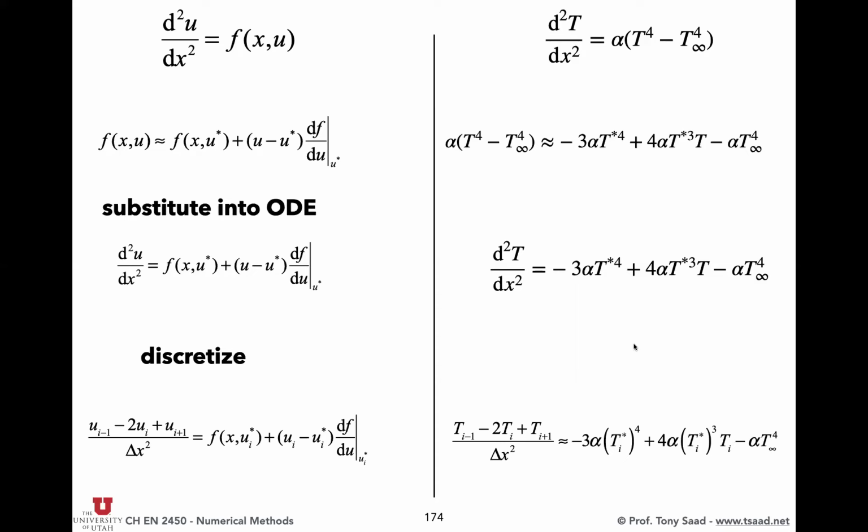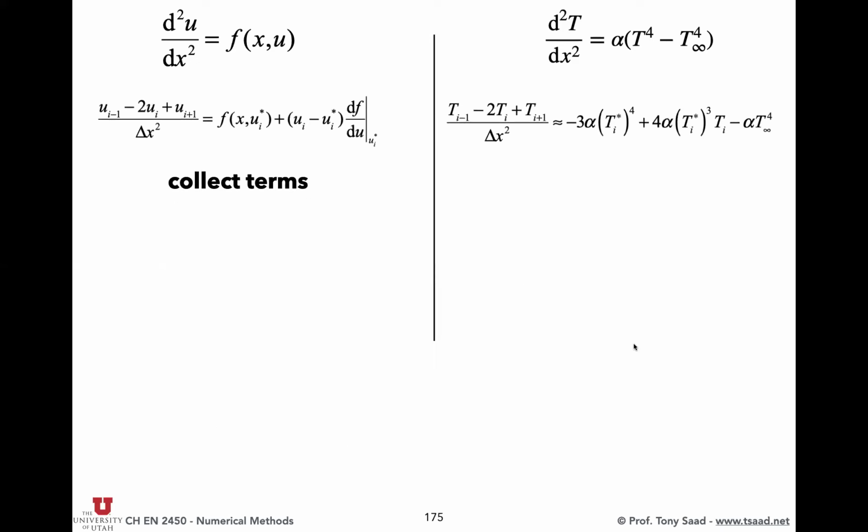Think of t star as the guess for the root of the nonlinear equation at point i. Therefore, every point i has a different equation and a different root. Therefore, your guess needs to be a vector of guesses, rather than one constant value for the entire domain. Every point has a different guess, a different root, because it has a different nonlinear equation.